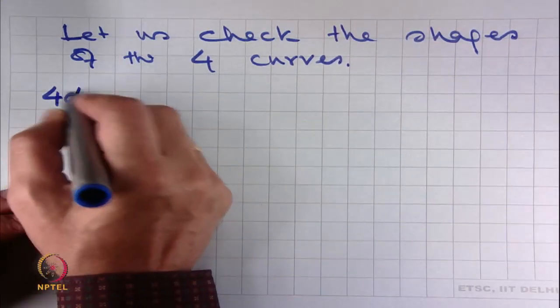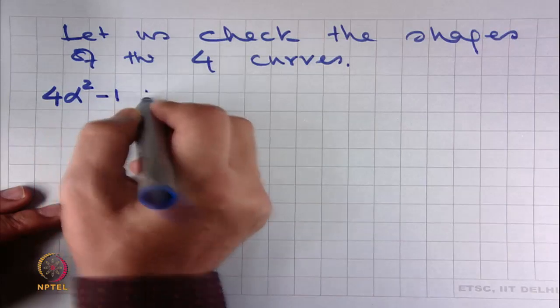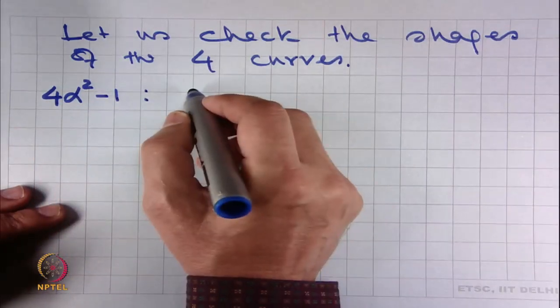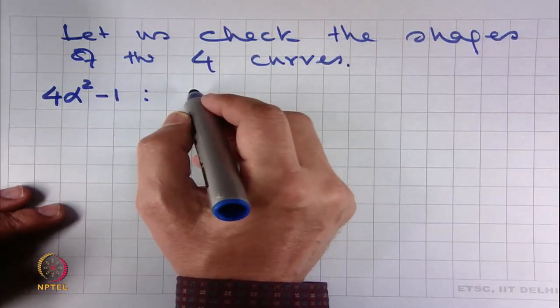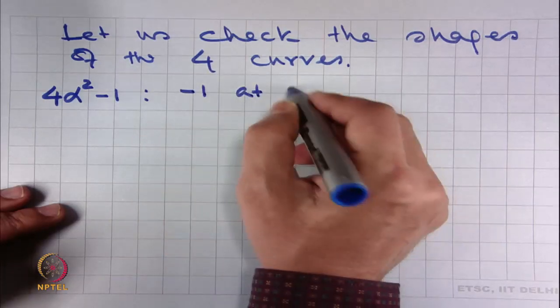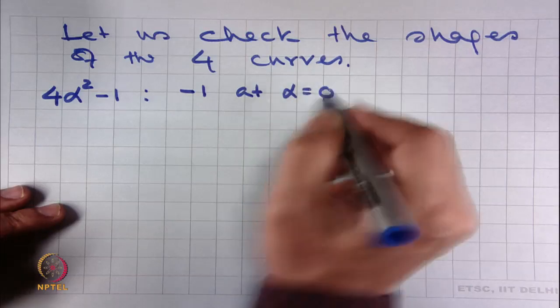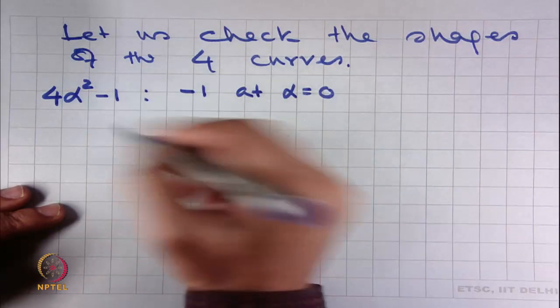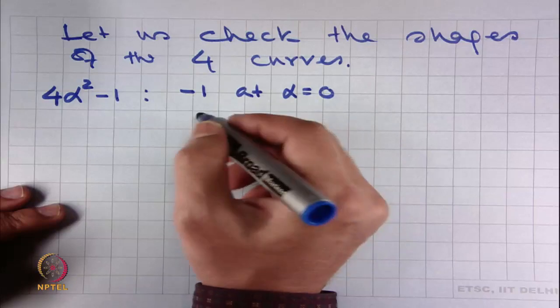For 4 alpha square minus 1, its value is minus 1 at alpha is equal to 0. Suppose we put alpha is equal to half.